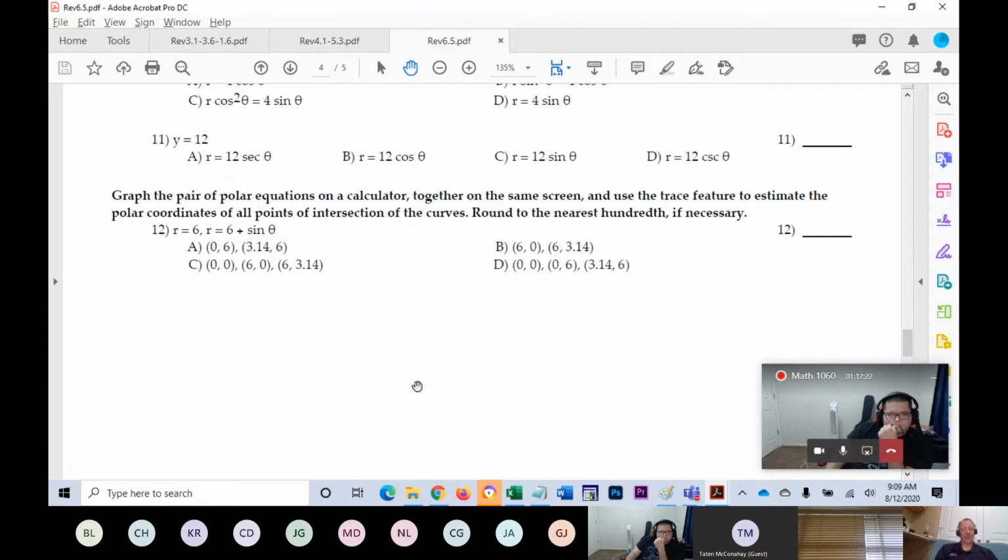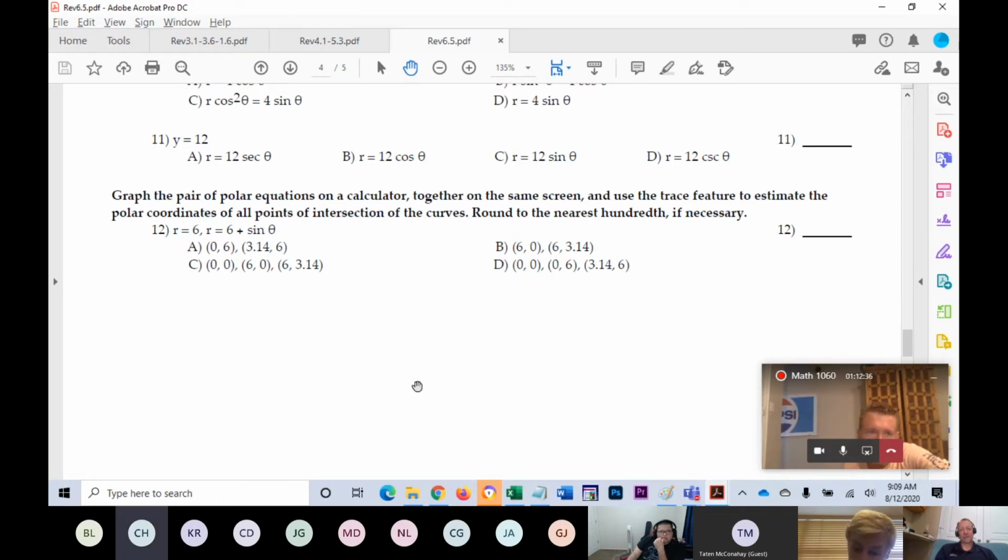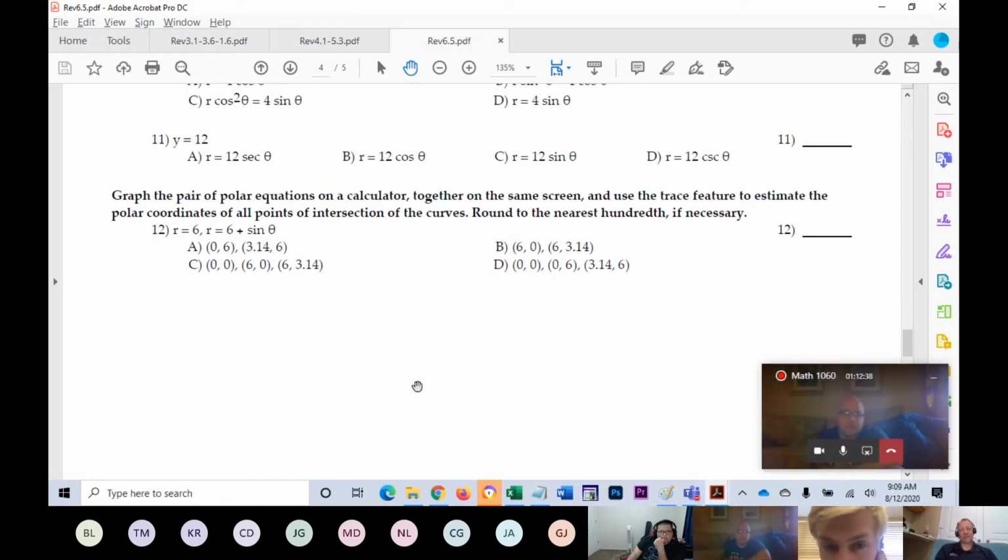This should be really easy to solve without a calculator, in fact. You just plug in numbers? I mean, like 0 in for theta. No, you've got two equations. So you've got the equation r equals 6. Let's think about that for a minute.